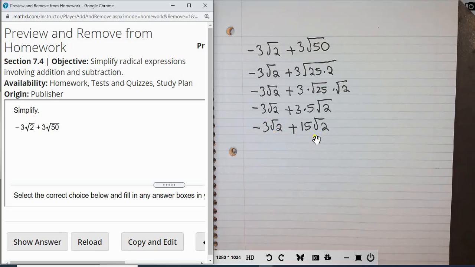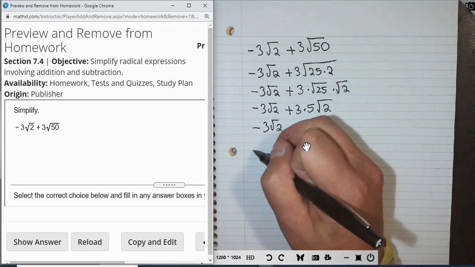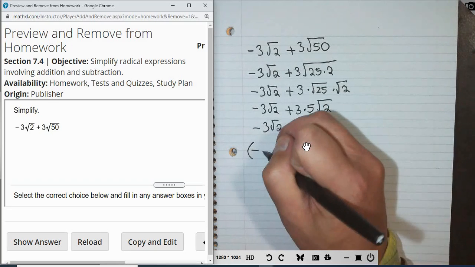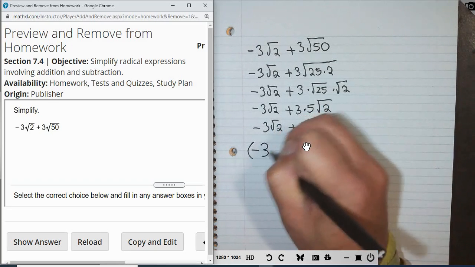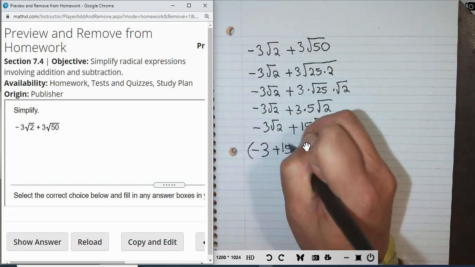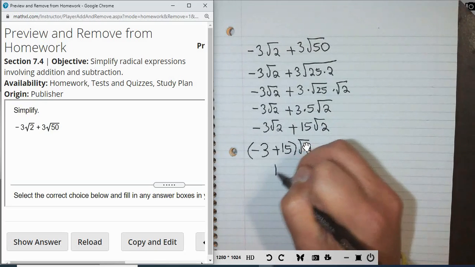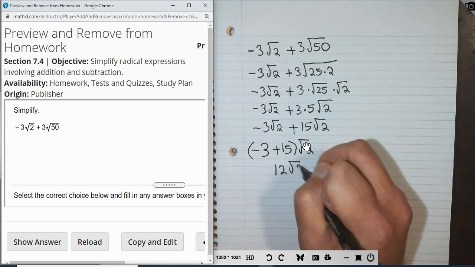So we can combine them in the way we just described. So what we would have there, and let's just go ahead and write in an extra step here, negative 3 plus 15 square root of 2, which is 12 square roots of 2.